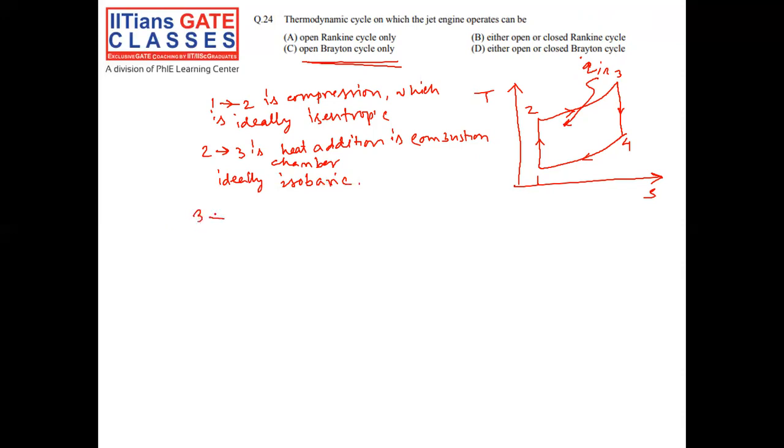And 3 to 4 is flow expansion in turbine, which is again ideally isentropic.